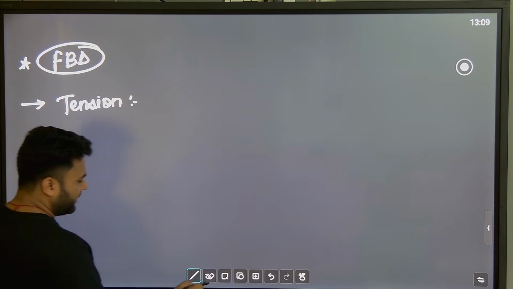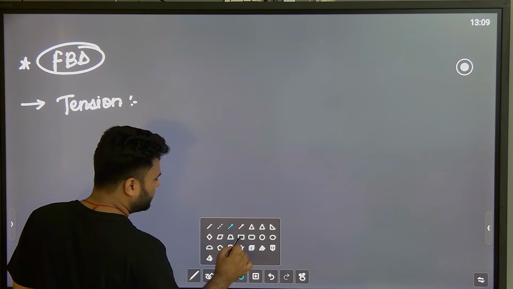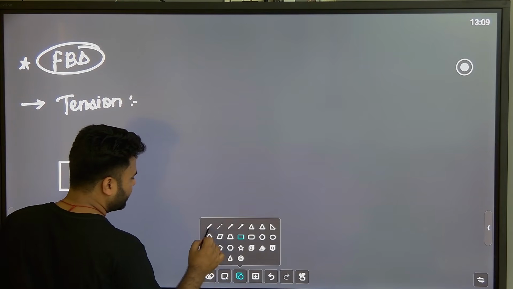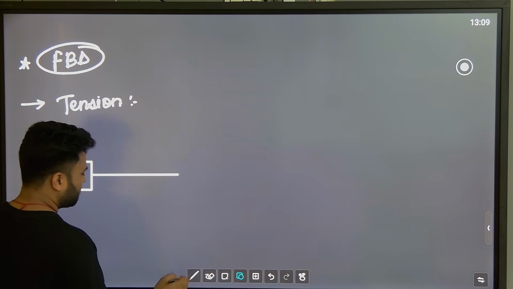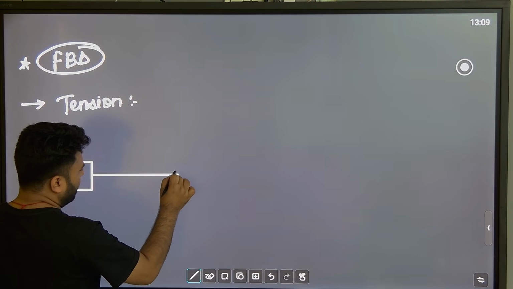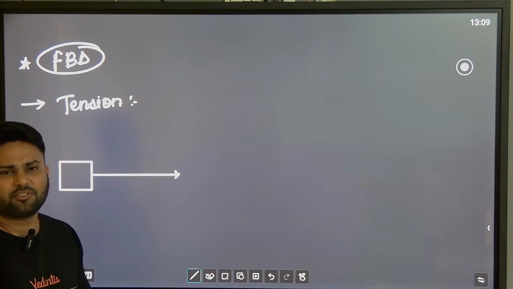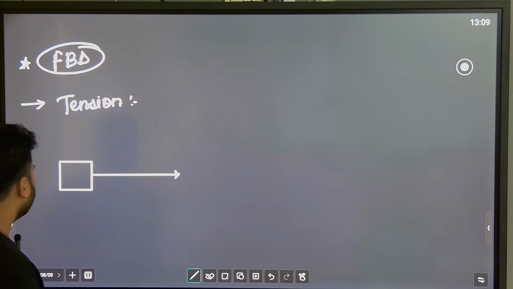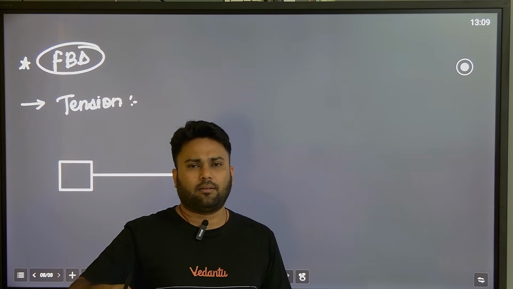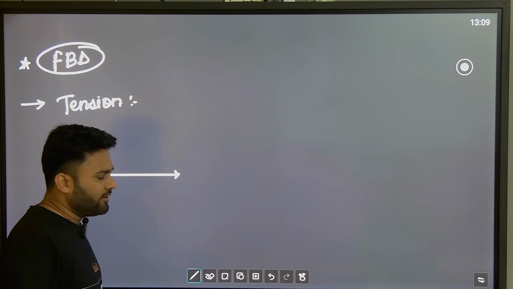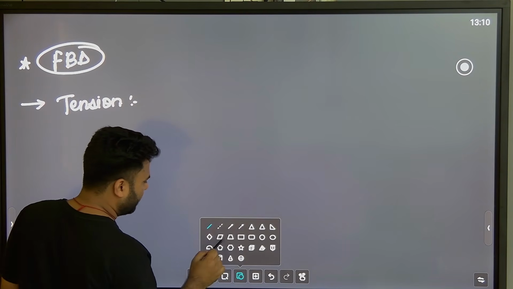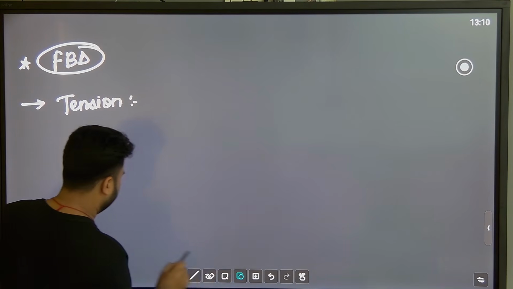Suppose there is one object like this, and there is a string like this, and you are pulling this object with the help of the string. If the object is getting displaced, it will be more clear with an example.